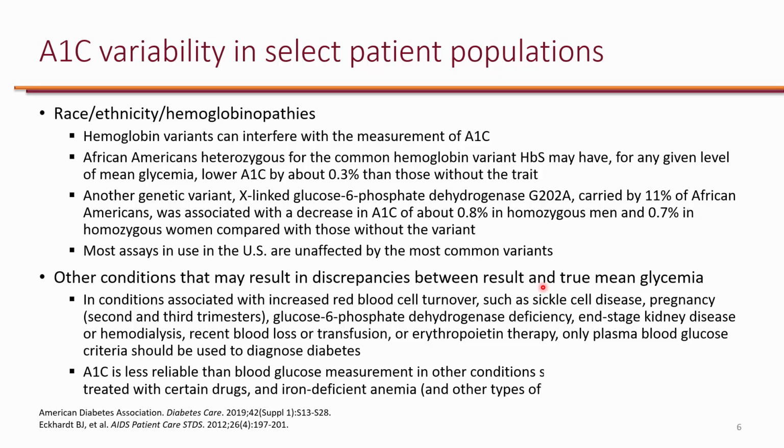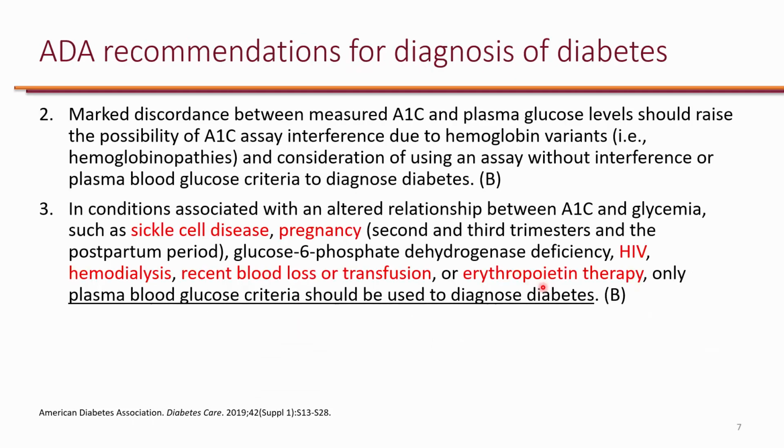So here are the recommendations from ADA. So for diagnosis, ADA actually has 28 recommendations. I selected some of the important ones. So their second recommendation is marked discordance between measured A1C and plasma glucose levels should raise the possibility of A1C assay interference due to hemoglobin variant.